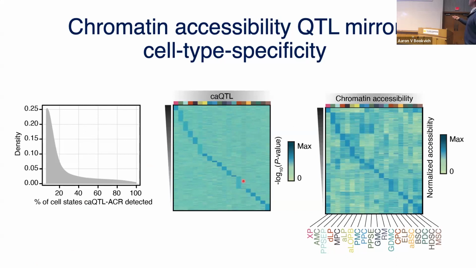So we're able to define chromatin QTL that's specific to a cell context, and it also turns out that accessibility is very specific to that context as well. So most of the time we're finding chromatin QTL with cell type specificity because that accessible region is cell type specific. Whereas things that tend to be more broadly accessible tend to get sort of masked in the profiling.